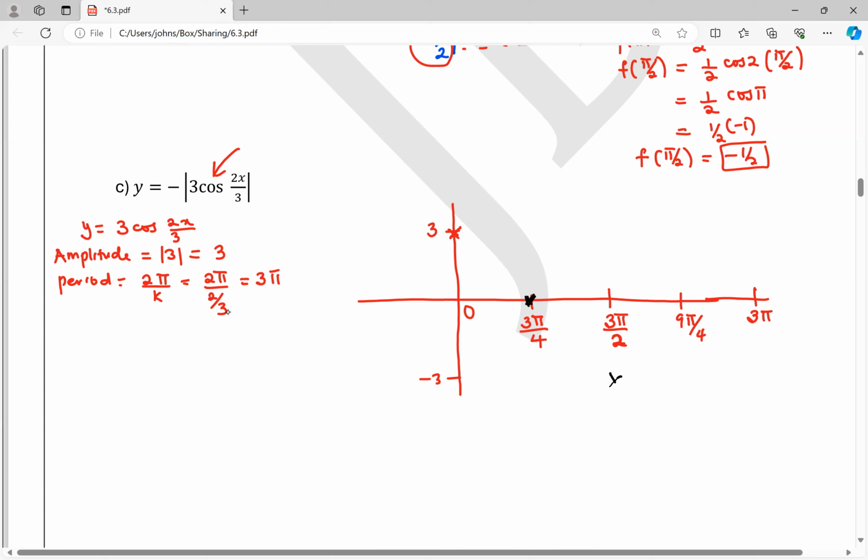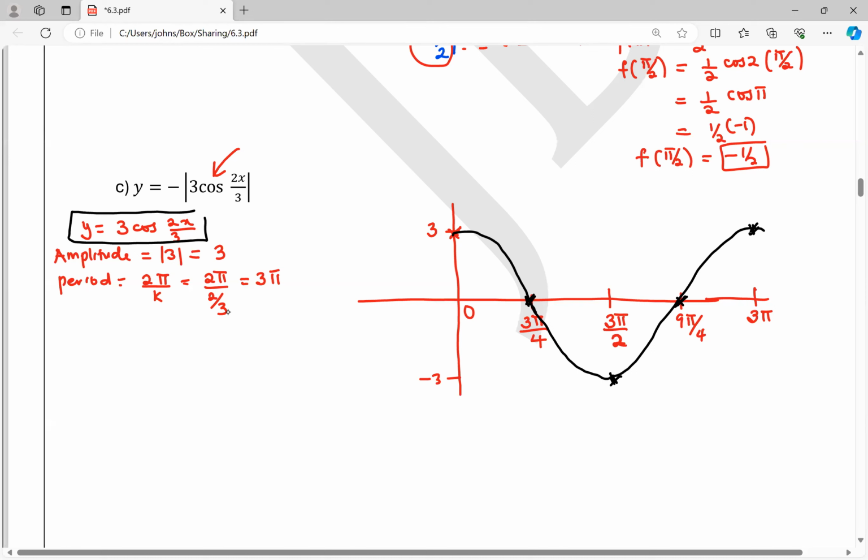And then we go back here, and finally we are up somewhere here. So this will be our first graph. This is not the final graph. So which graph is this? This is just the graph of 3 cosine 2x over 3.